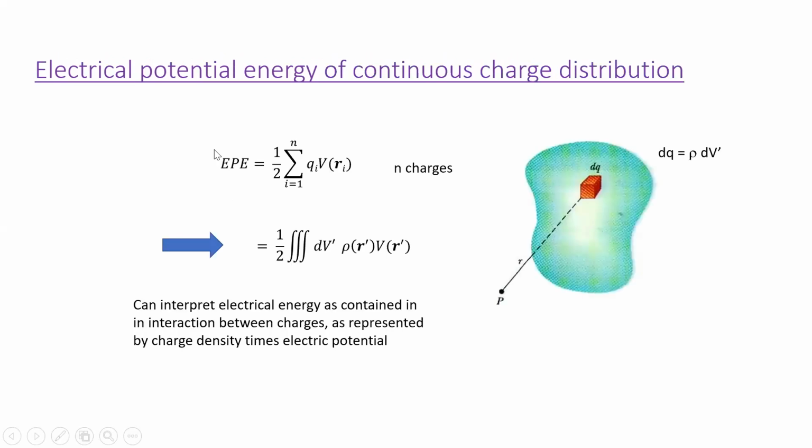It's in your textbook in section 2.4. So here is our expression, starting with our expression for the electric potential energy in a continuous distribution rho. It's what we just had right here in the center.